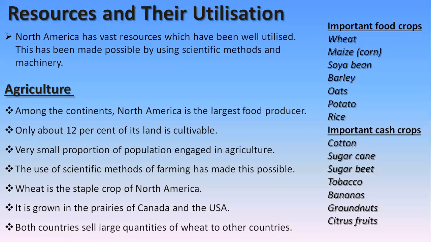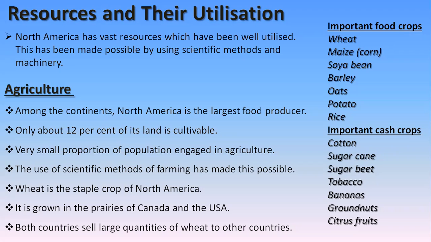Even they use more machineries to make use of the resources which are available over North America. Not only a single country, all the countries in North America make use of machineries to explore and make use of the resources.